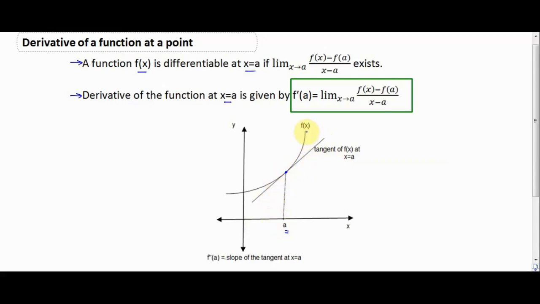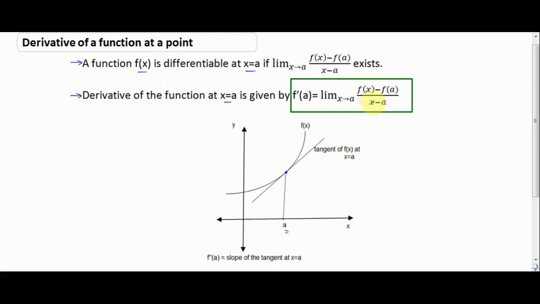So this is the curve of f of x, this is the point x equal to a, and this is the point on the curve where x is equal to a. And if you draw a tangent at this point, then slope of this tangent will be equal to the value of f dash of a, that is derivative of the function at the point x equal to a.